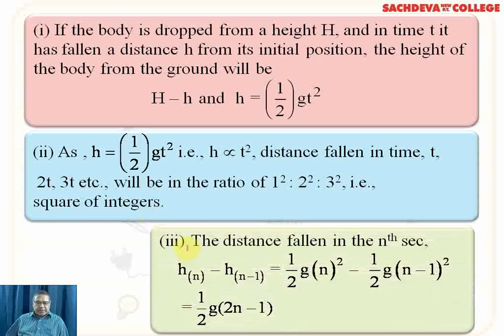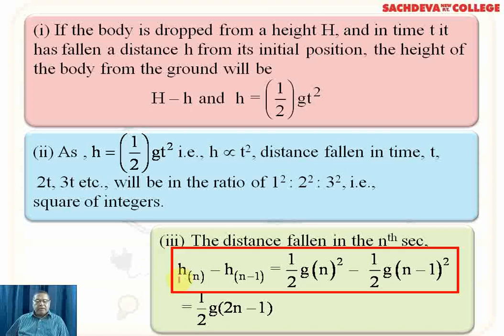Now, the third point is the distance fallen in the nth second. What exactly do we mean by the nth second? The nth second means the distance covered by the body in a particular second. So first we have to find the distance covered in n seconds, then the distance covered in n−1 seconds, and then take the difference of the two. The equation to be used is s = ut + half gt², because it is a vertical fall.